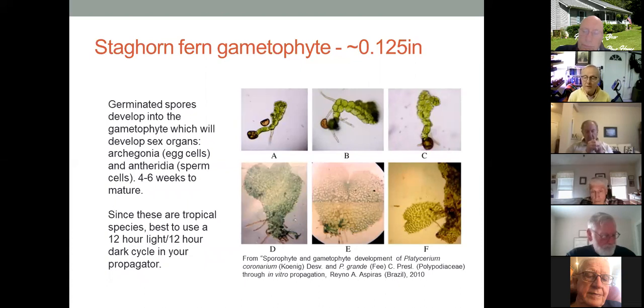And you, again, with patience, will need to wait 4 to 6 weeks for the gametophytes to mature and begin producing these external organs. Since these are tropical, I'm also recommending that you use a 12 on, 12 off light cycle for these plants, because that's what they would see in nature.